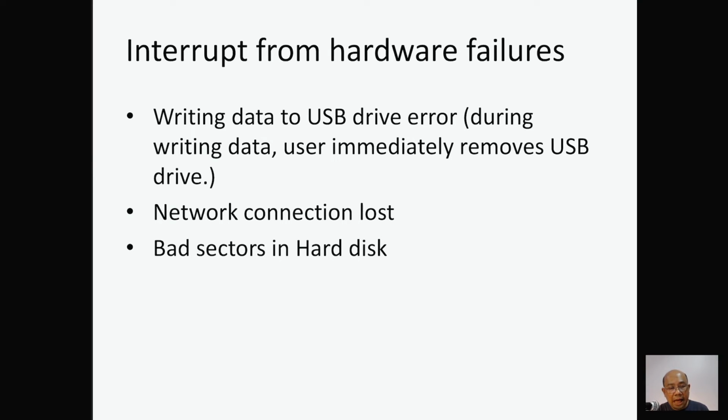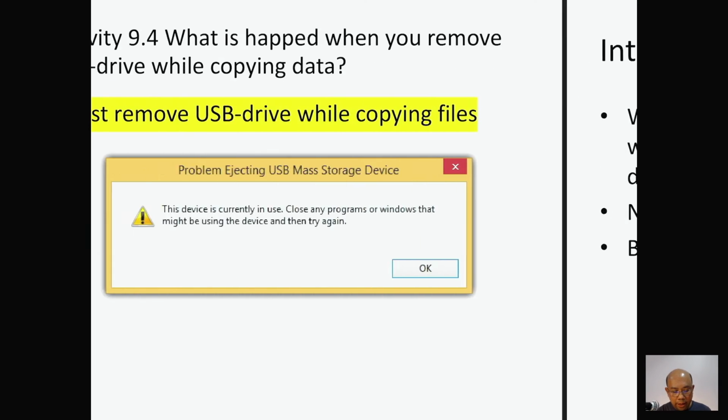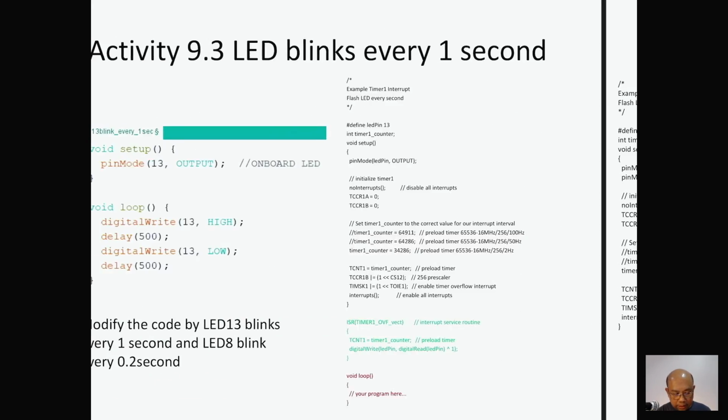The hard disk tries to read the location at the bad sector but cannot get the data. This makes the hard disk stop responding and generates a hardware failure error, stopping the system. So this is the error from the hardware, the third type.